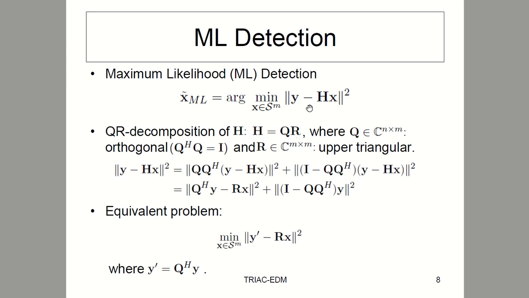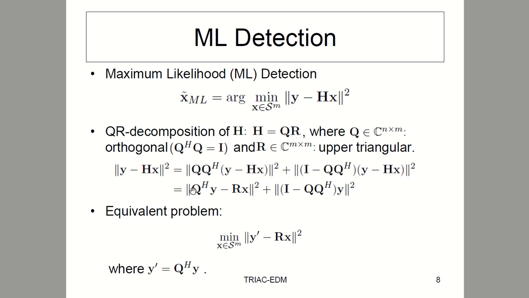So the original norm of y minus Hx squared will be equal to the norm of Q^H (y minus Hx) squared, because Q^H Q is equal to I, plus the norm of (I minus QQ^H) y squared.